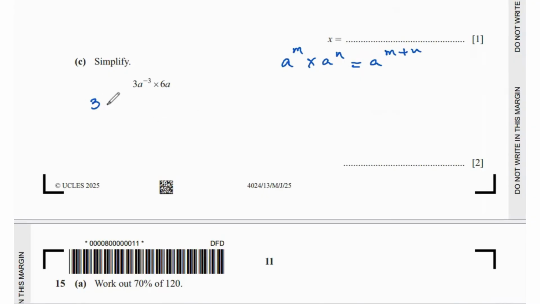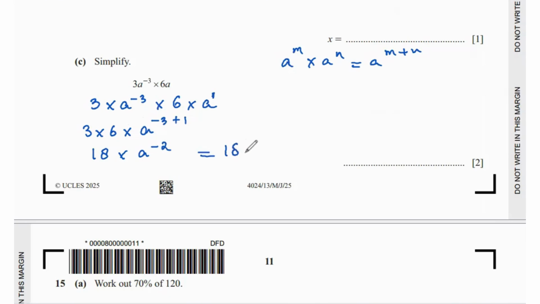So let's split this into 3 times a to the power of negative 3 times 6 times a. 3 times 6 is 18, and a to the power of negative 3 plus 1, because a has a power of negative 3 over here, and if there's no power written, that means the power is 1. So negative 3 plus 1 is negative 2. So 18a to the power of negative 2, or 18 over a squared. Either way, your answer is correct.